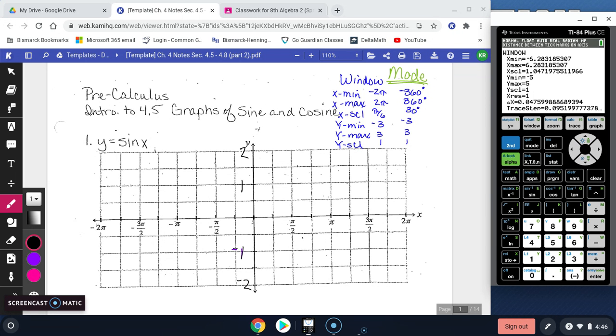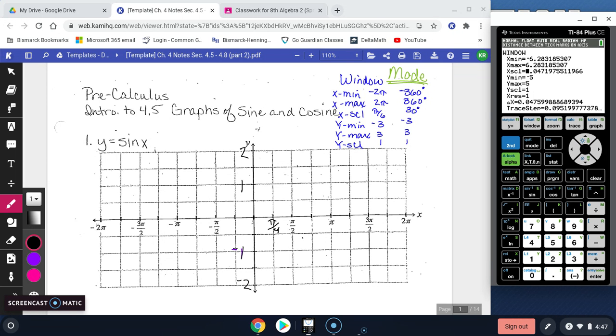Okay, the x scale. If you look at the tick marks, you'll see that every other tick mark is labeled pi over 2, and then 4 tick marks over, it's pi. So if the second tick mark is pi over 2, then the first tick mark would be pi over 4.